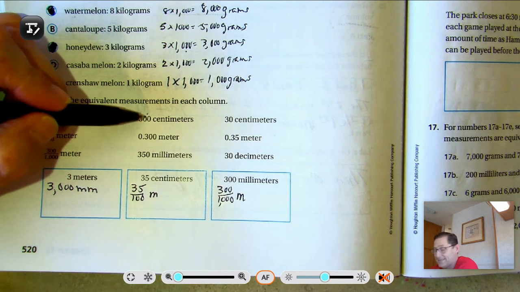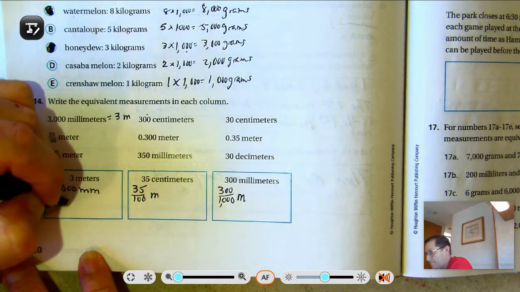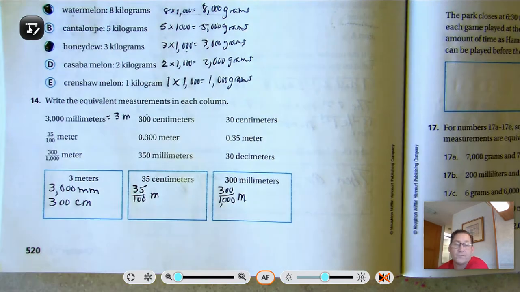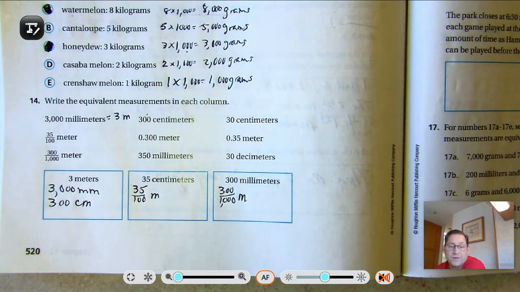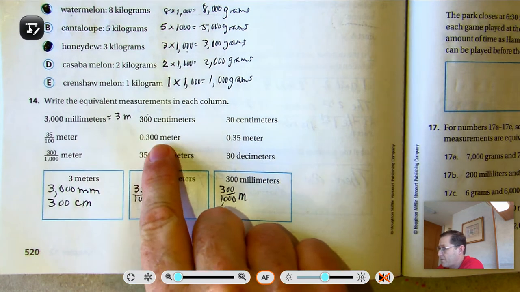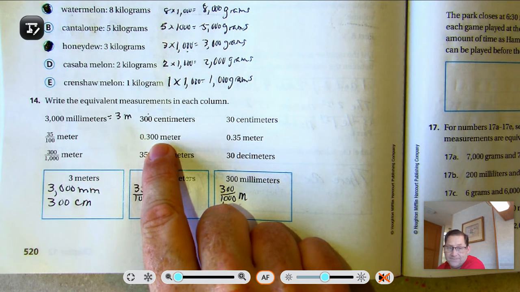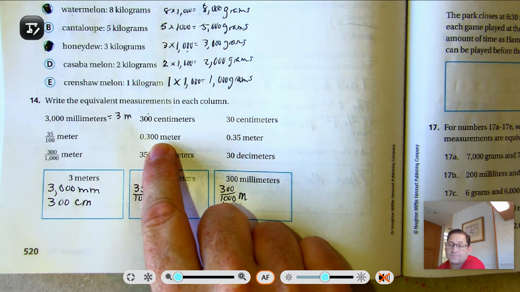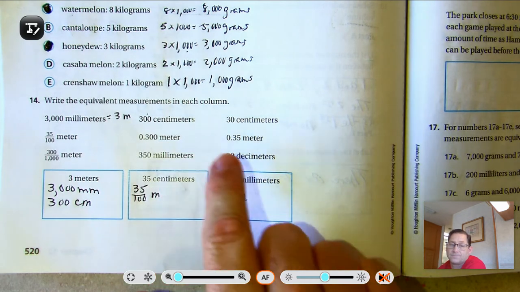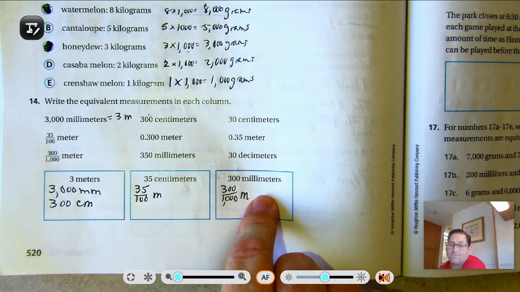So I have 3 sets here. 300 centimeters is equal to 3 meters. Okay. 300 thousandths of a meter. Right here.